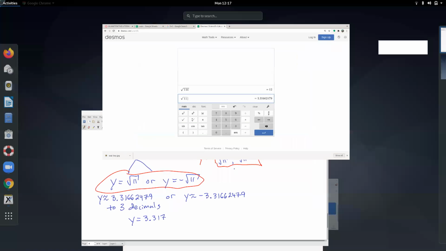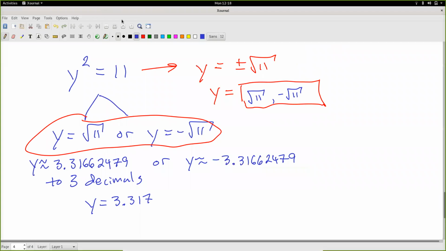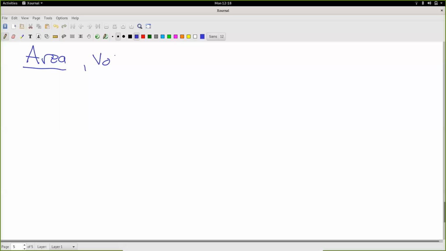Some places we might see square roots besides these kind of weird generic problems. In area problems, a square is often involved. Area, volume problems, we get a square sometimes. So a couple of examples of these: the area of a circle is pi times the radius squared.